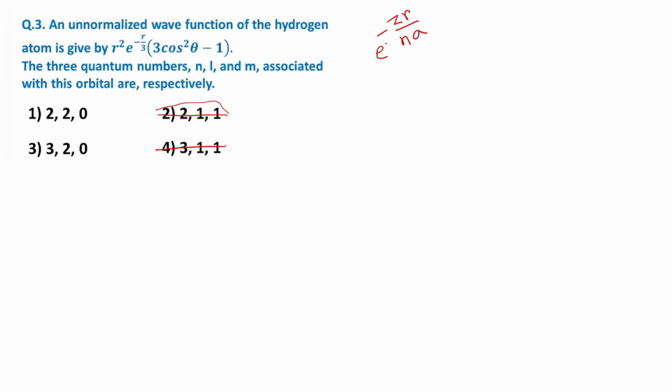Here z is your atomic number, which for hydrogen is obviously 1, right? Then r is obviously the radius r. n is the principal quantum number, from n, l, m, right? And a is the Bohr radius, right?